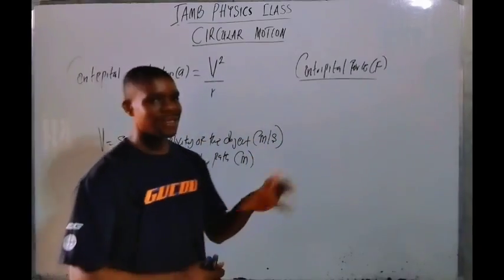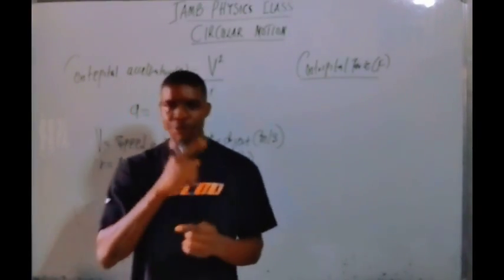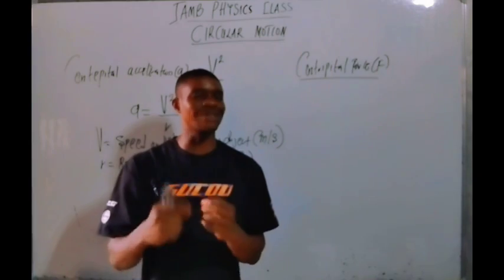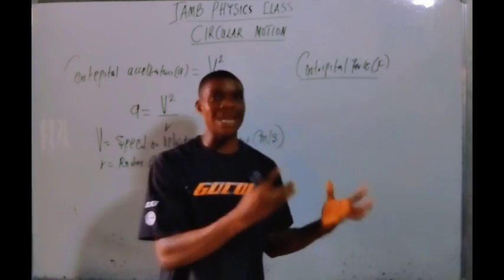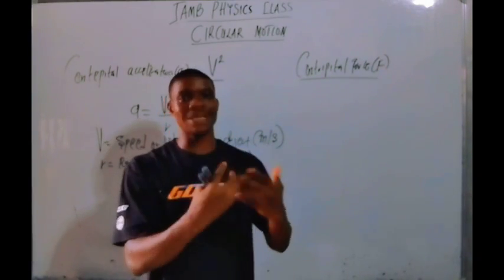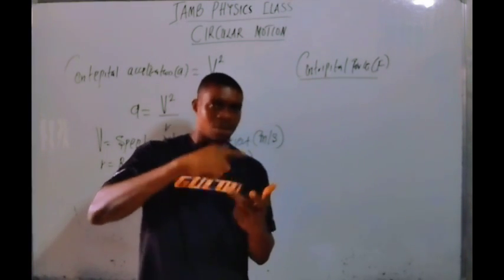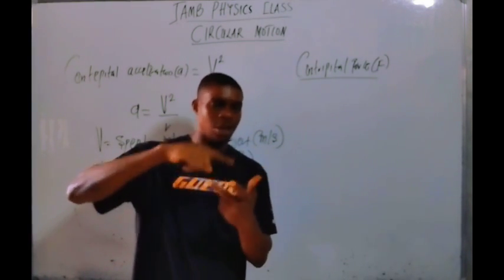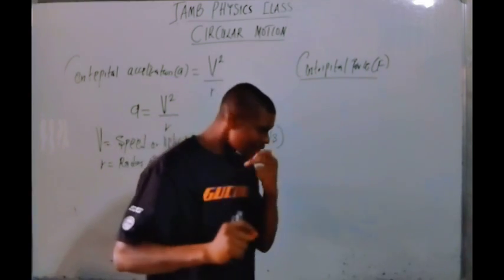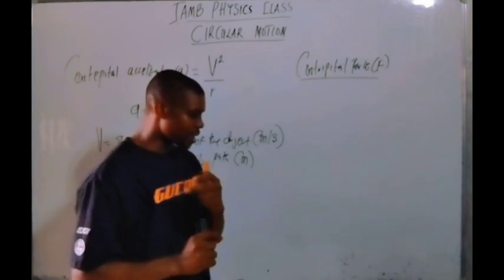So that force that keeps an object moving in a circular path at constant speed is the centripetal force. It is responsible for keeping the object moving at constant speed along a circular path.